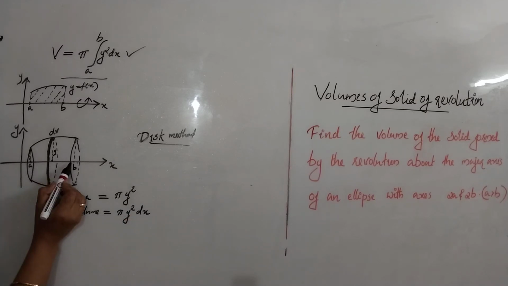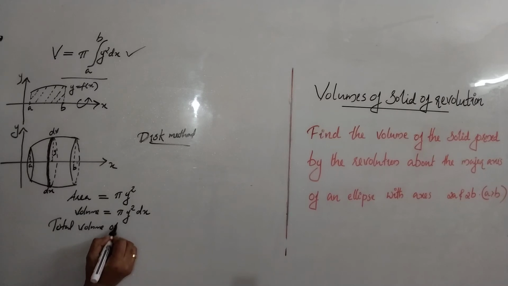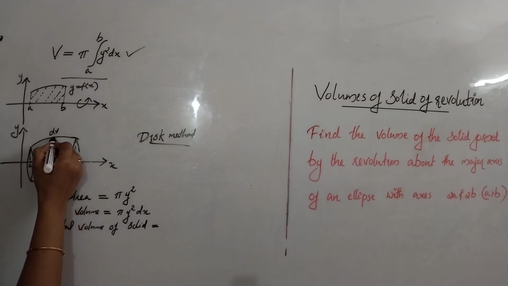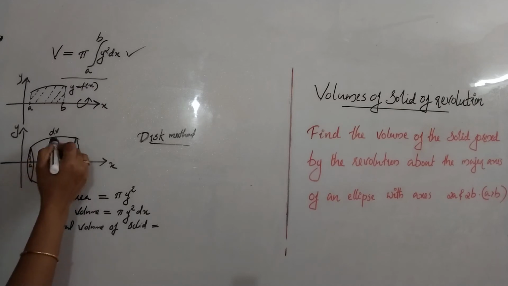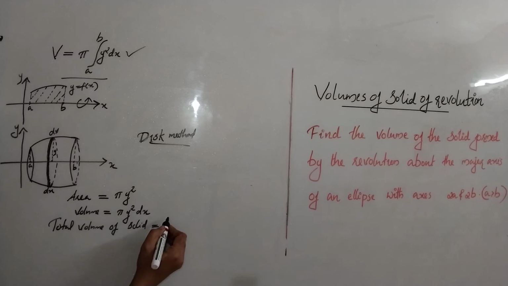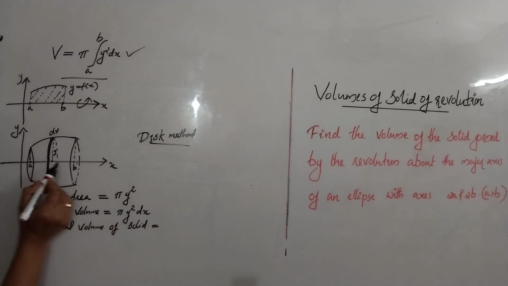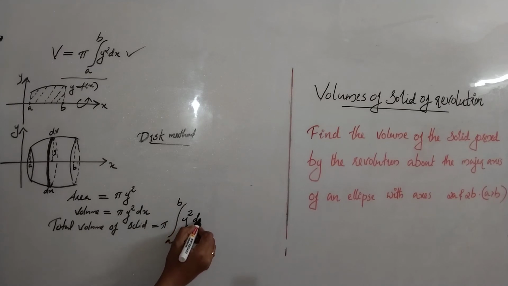Then what is the total volume of this solid? Total volume of this solid means the sum of the volume of all these discs inside this solid, from A to B. So to get the total volume, we have to integrate from A to B y square dx.